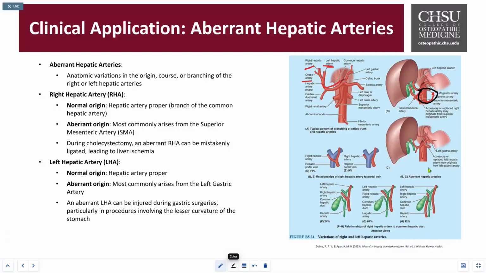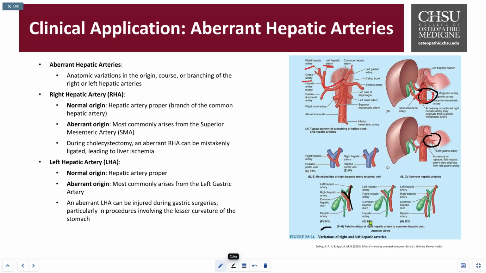And letter C, the left hepatic artery may originate from the left gastric artery right here. And letters F, G, and H show you the percentages of folks. In letter F, the 24%, you can see the right hepatic artery is going to be in front of the common hepatic duct.